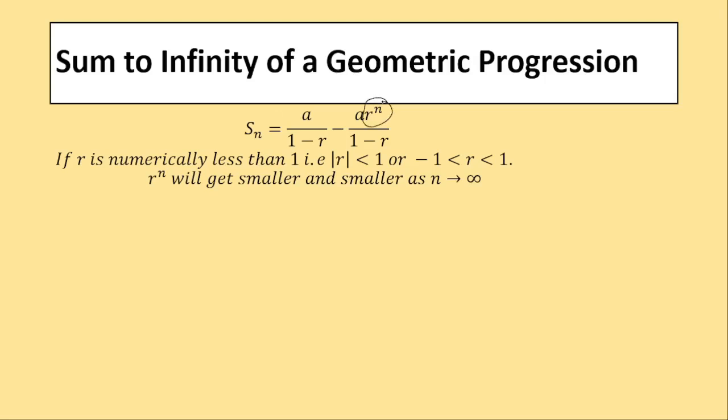That part, r raised to the power n, tends towards 0 as n gets larger and larger because we are getting a common ratio that is between -1 and 1.